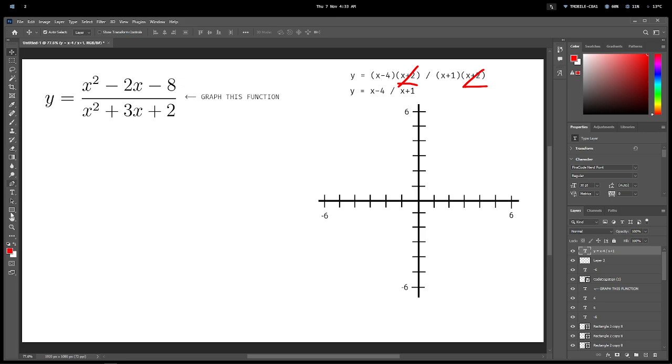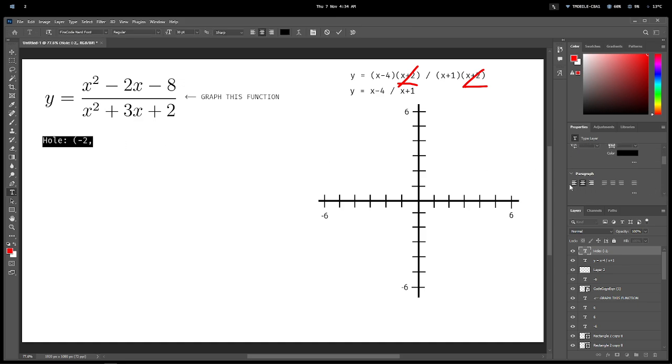Since we are graphing, we need to figure out where our hole actually is. How I got this -2 is that you set the factor that we just got rid of to 0. So x plus 2 equals 0, and to get x, you minus 2. So x equals -2, and that is the x part of our hole coordinate.